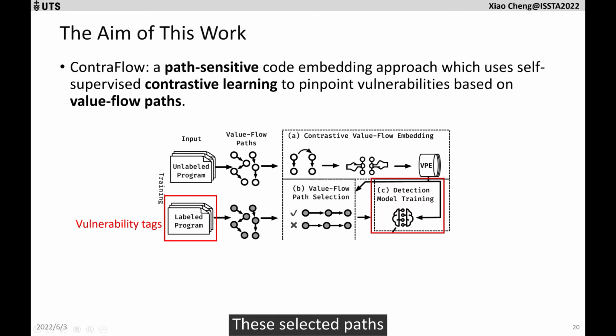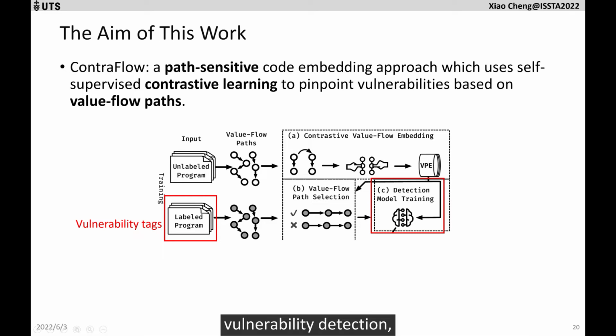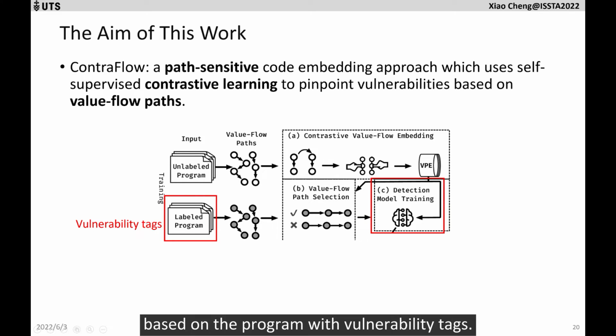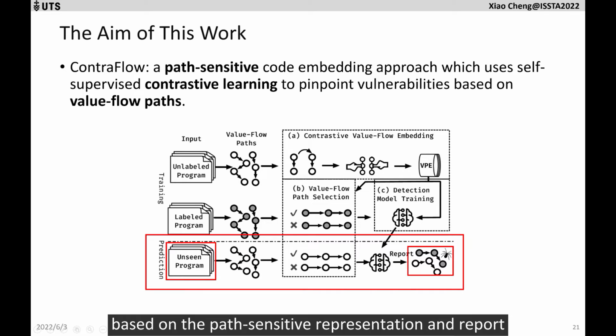These selected paths are then used for training the downstream fine-tuning task, vulnerability detection, based on the programs with vulnerability tags. After training, our vulnerability detection is then able to report likely buggy paths of a new program based on the path-sensitive representation and report important value flow paths contributing to a vulnerability.